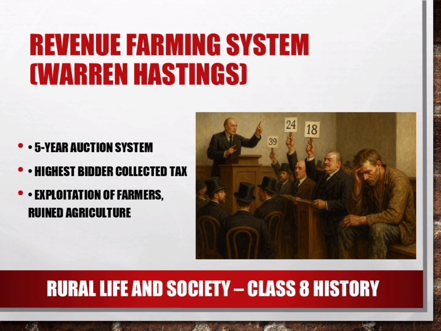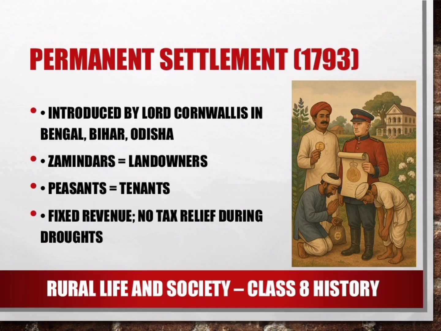When it came time to collect taxes, they forced money out of the farmers. Often there was cheating and cruelty, and the result was neither benefit for the farmers nor improvement in agriculture. This system completely failed.